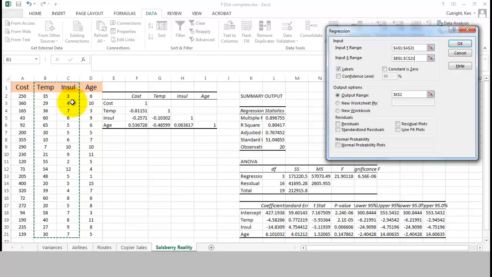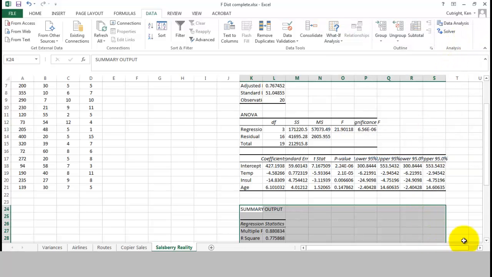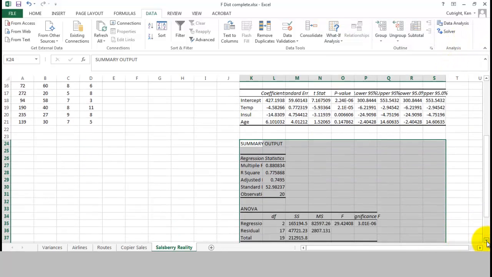The independent variables must be in contiguous columns. Okay, I want to locate my output. I'm going to go down and put it underneath the other output. So I'll just put it right down here. I now have my regression.